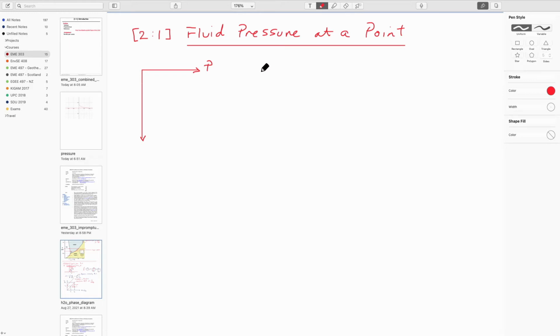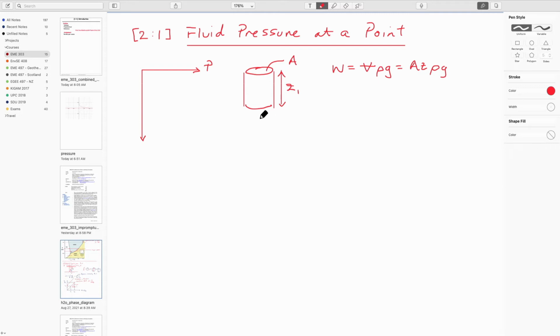The easiest way to do that would be to take a bucket, which has some height to it. Let's call it Z1, and has some area. And we know that the weight is equal to the volume times rho g, which is equal to area times z times rho g.